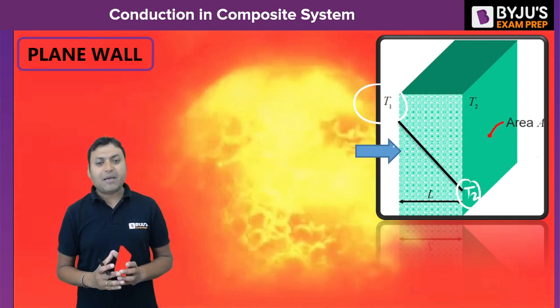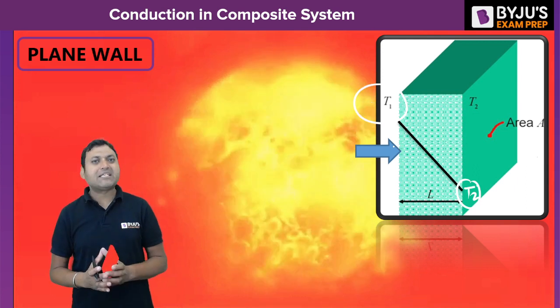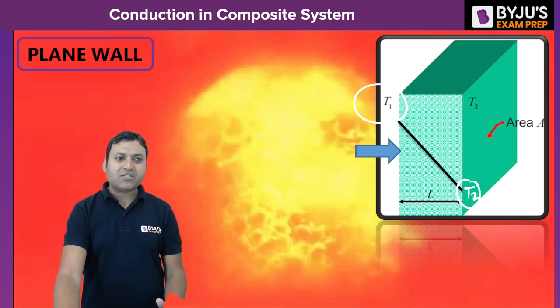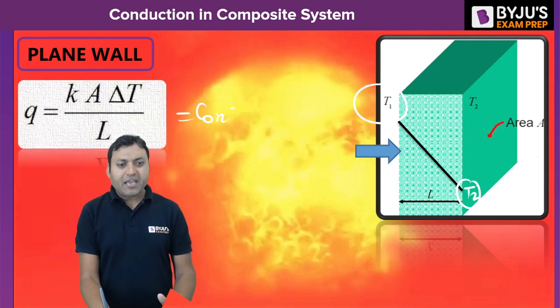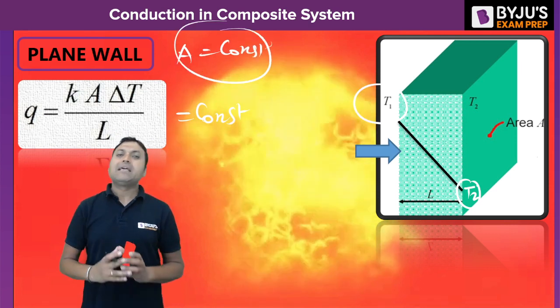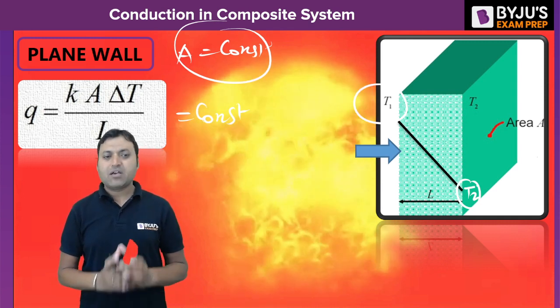It will be linear, and dT by dx can be replaced by delta T by delta x, and delta x is the thickness of the plane wall. So our expression for conduction in a plane wall where the area is constant will become K into A into delta T by L, which will be constant.